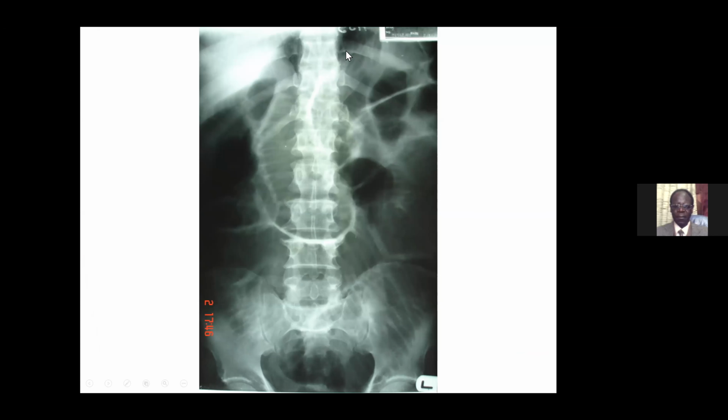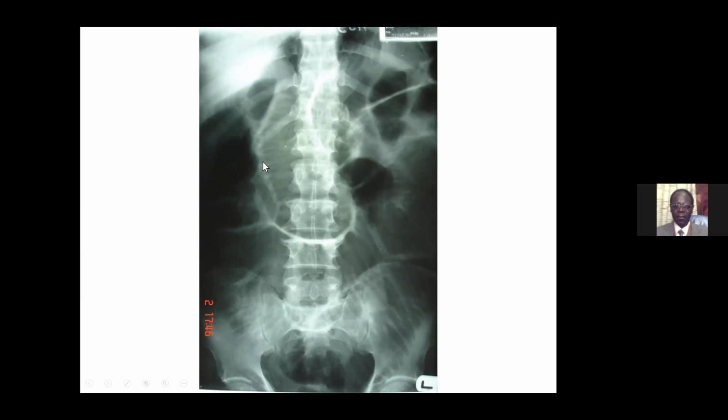This is the examination, plain radiograph of the abdomen, AP view. In supine position, the X-ray beam was vertical. We can see dilated bowel loops full of gas, and we can see the pattern periumbilical.